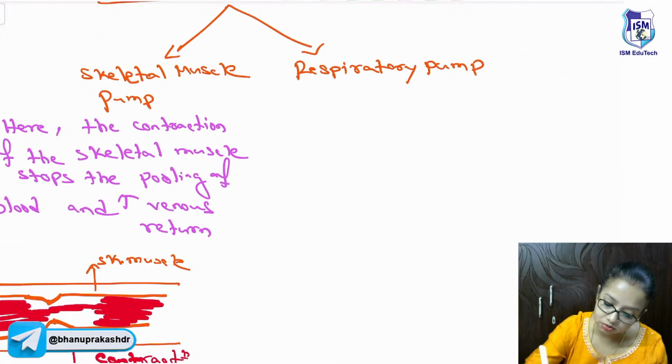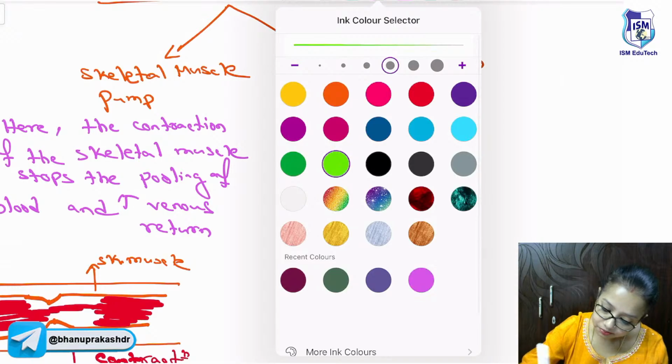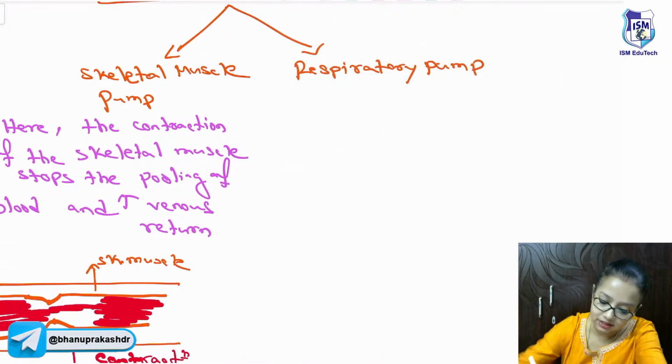Now coming to the respiratory pump. What is happening here?